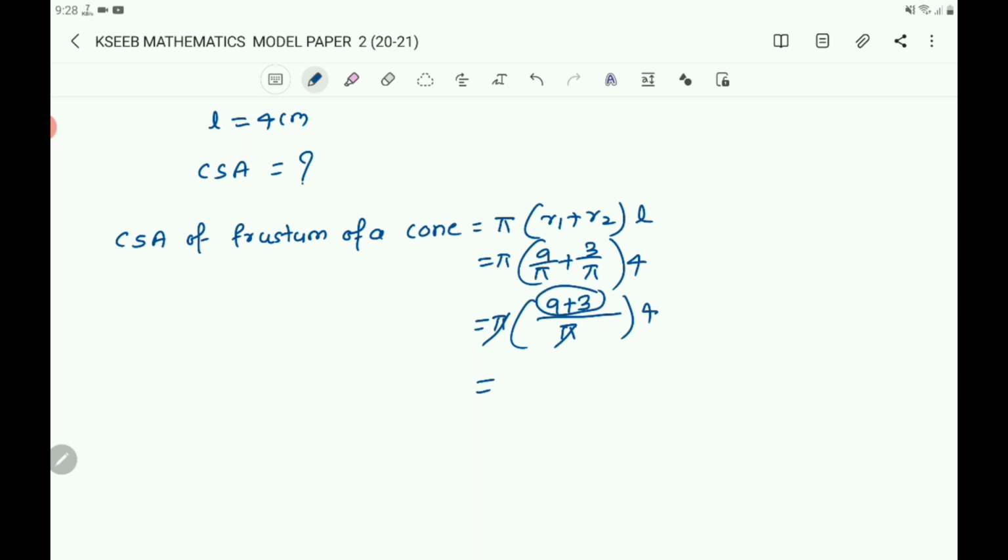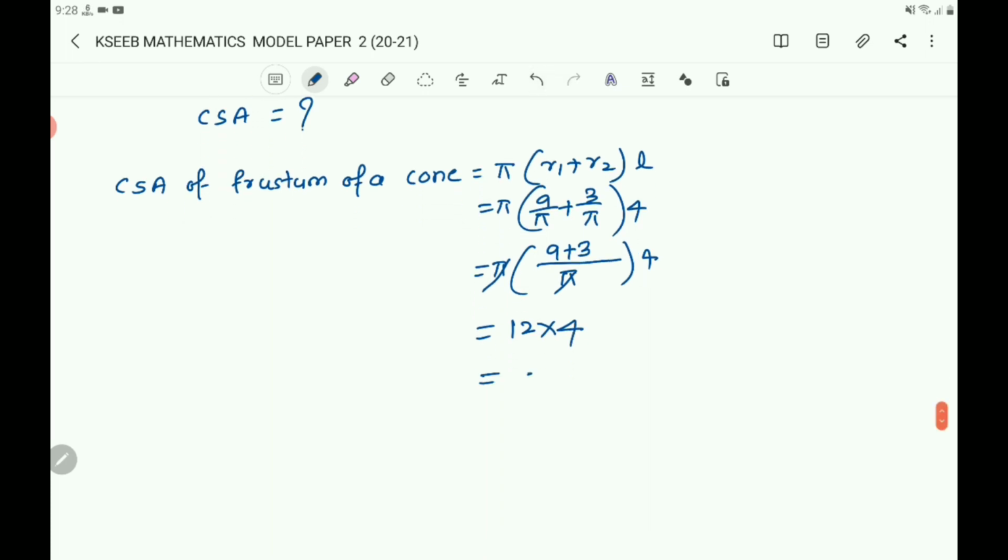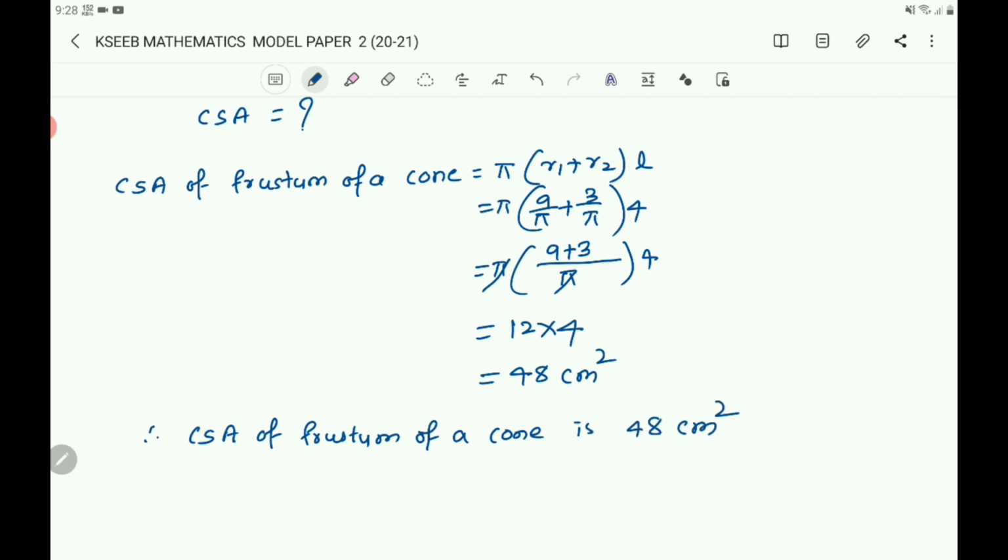What is the sum of 9 and 3? That is 12. 12 into 4 is 48 and that is cm square. Therefore the curved surface area of the frustum of a cone is 48 cm square.